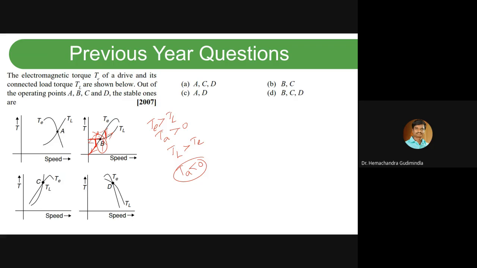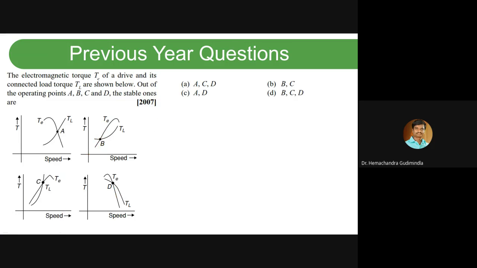Now we will check point D also. If I create a disturbance like this here, I am varying the speed, like a speed variation. What is that, acceleration or deceleration? Acceleration is this direction, deceleration is the opposite to that, right?